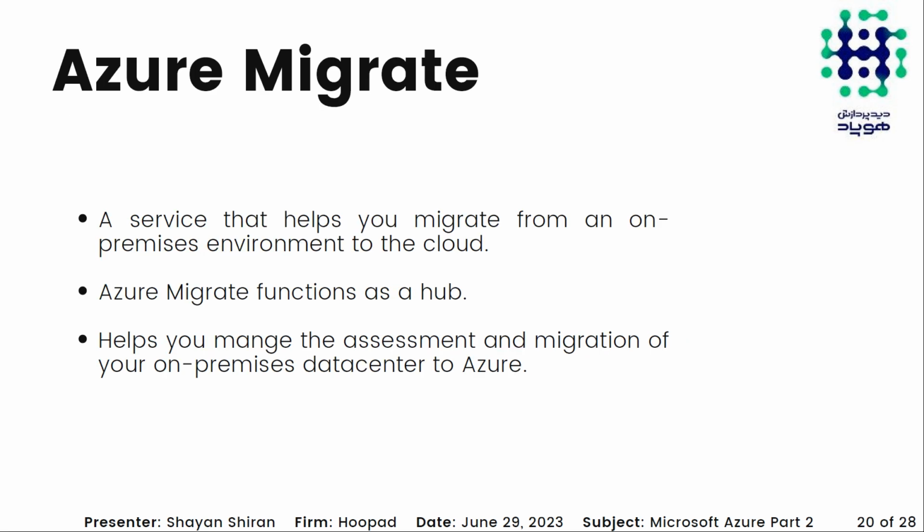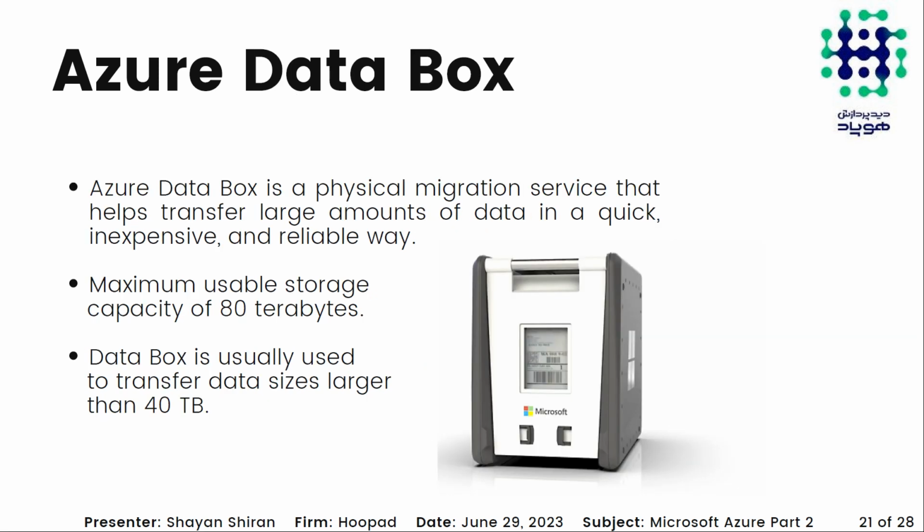First, let me talk about Azure Migrate. It's a service that helps you migrate from an on-premises environment to the cloud. It functions as a hub, and it helps you manage the assessment and migration of your on-premises data center to Azure. And here is Azure's Data Box.